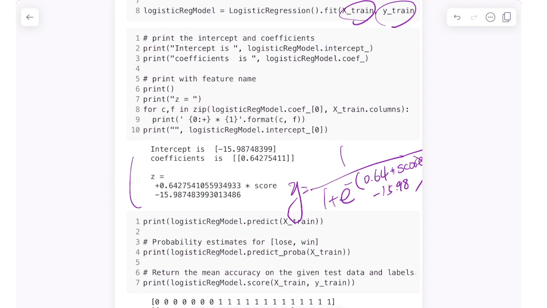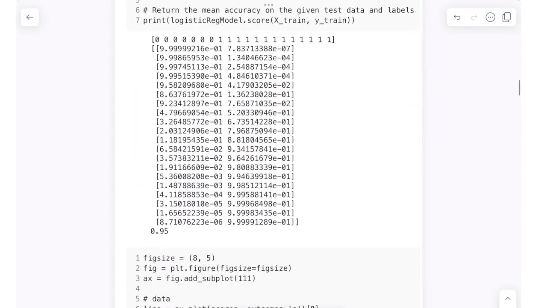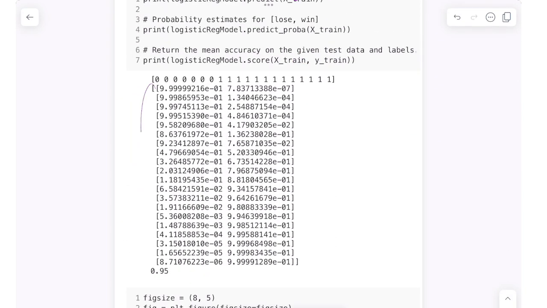Every time you have a new score, you can simply plug it into this function, and the probability of winning that game will be the y hat value. So you can put in a bunch of data, and it will tell you the probability of losing and the probability of winning.